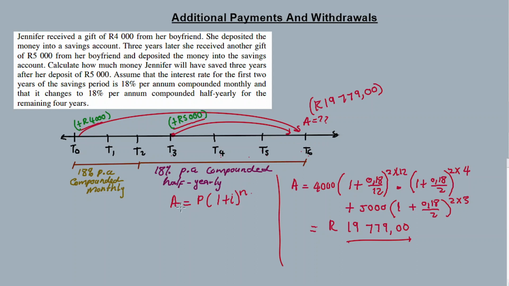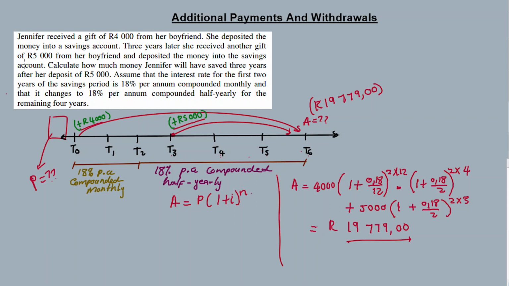Okay, let's say Jennifer, this one makes sense. Let's say Jennifer did not save, but took a loan. So let's say she took a loan and the loan taken, which is the value of P, is unknown.